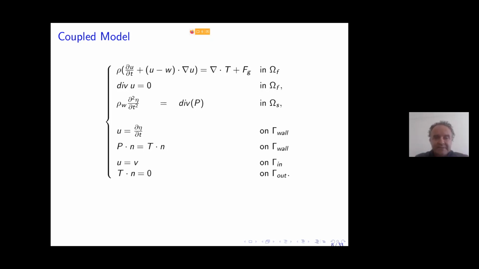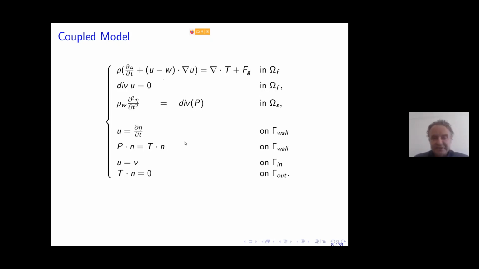It has been mathematically analyzed for certain versions of boundary conditions. Even the Navier-Stokes equations themselves have some open problems, even before coupling with the fluid structure interaction.